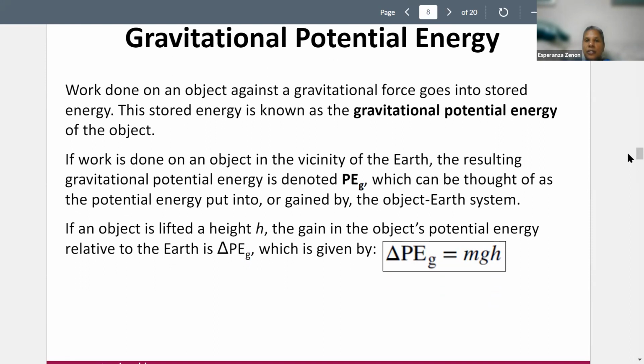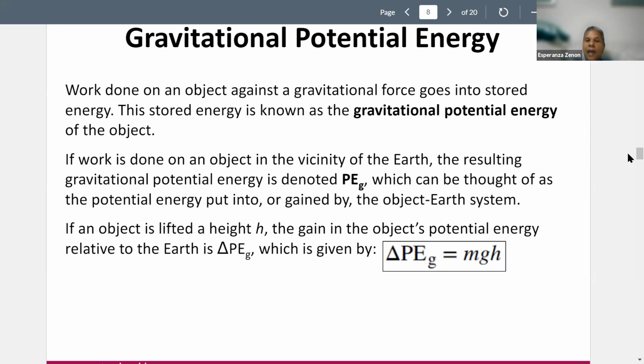Gravitational potential energy looks at how the position or height of the object changes. Okay, and that's what you see in the formula, that if an object is lifted to a certain height h, it gains gravitational potential energy relative to, in our case, the earth.